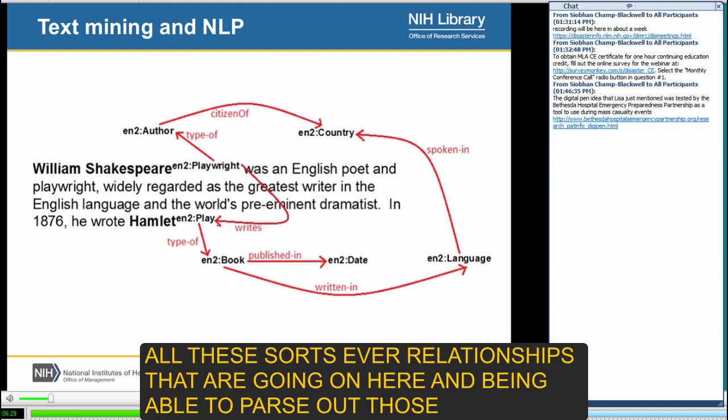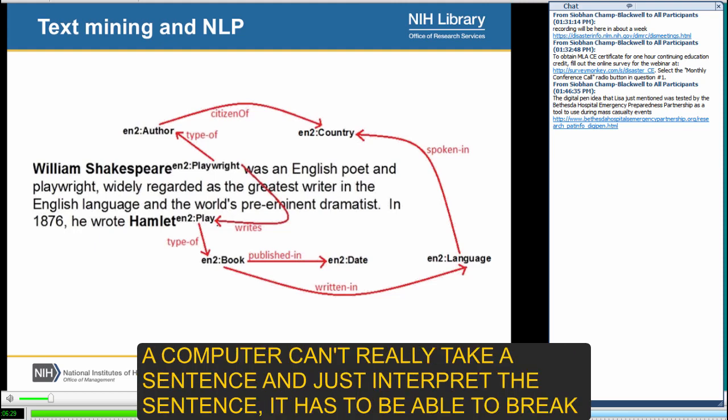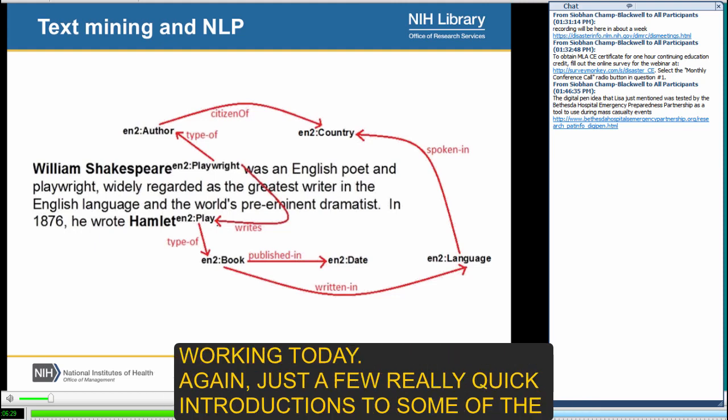So there's all these sorts of relationships going on here, and being able to parse out those relationships and those entities is essentially how natural language processing can work. A computer can't really take a sentence and just interpret the sentence. It really has to be able to break apart the parts of that sentence, and that is the area where natural language processing is working in its incarnation today.